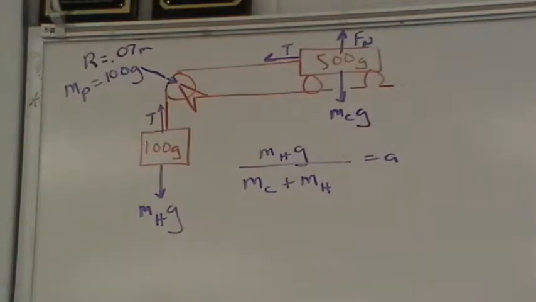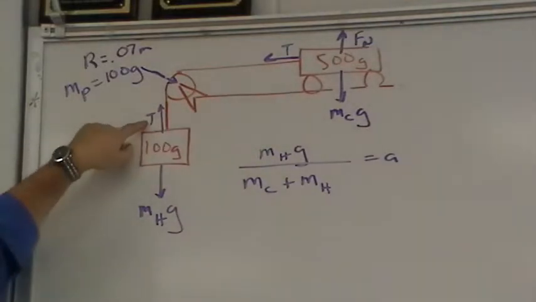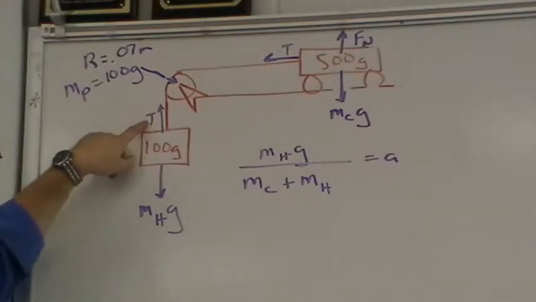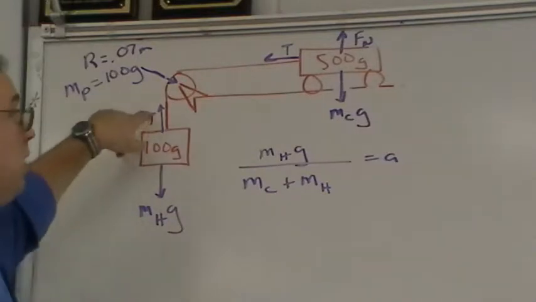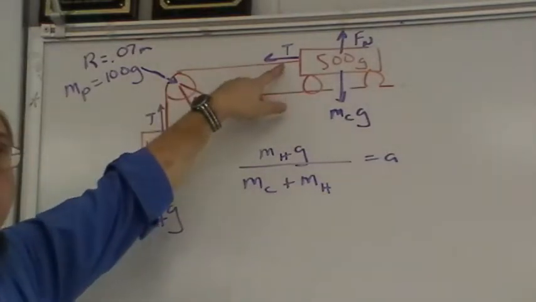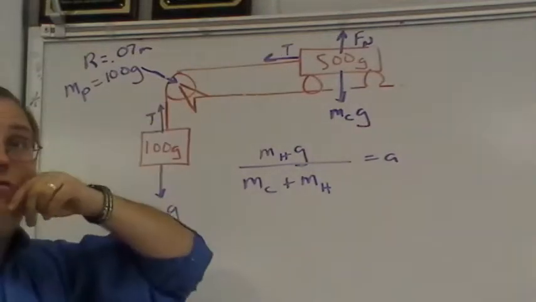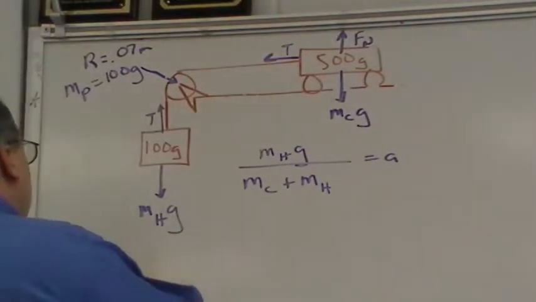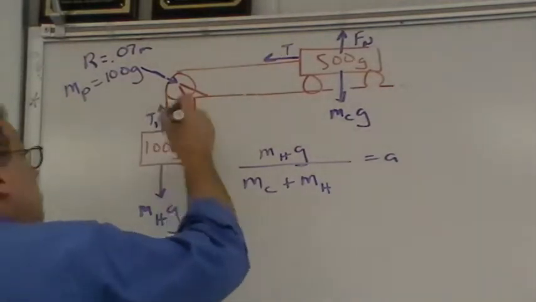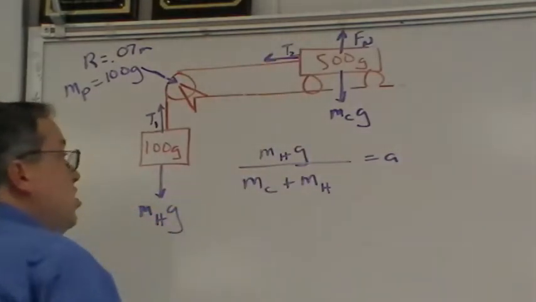The tension here has to turn the pulley and pull the cart. How about the tension here? It just pulls the cart. Are these two tensions equal? No. These are two different tensions.